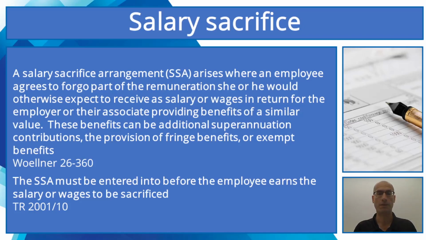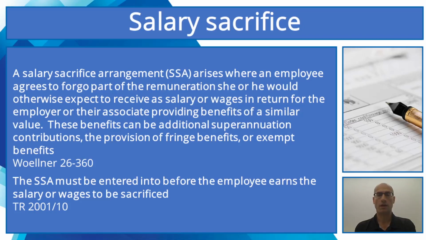That benefit can either be in the form of superannuation contributions, or the provision of fringe benefits, which can either be exempt or non-exempt as part of that process. So an employee, for example, who earns, say, $200,000 per annum, can salary sacrifice $10,000, and the employer provides an equivalent amount of benefit, and then FBT is payable on that.